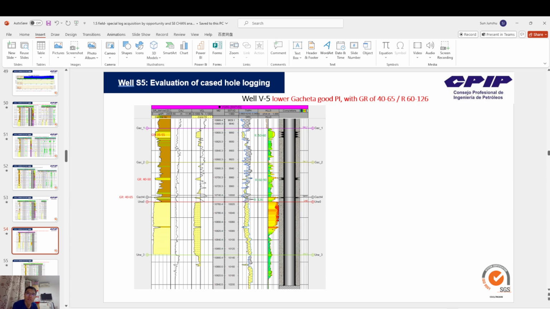Well V5, lower Gogeta with very good productivity, but gamma ray is only 40 to 60. This can be compared to the Gogeta 1 main production interval.